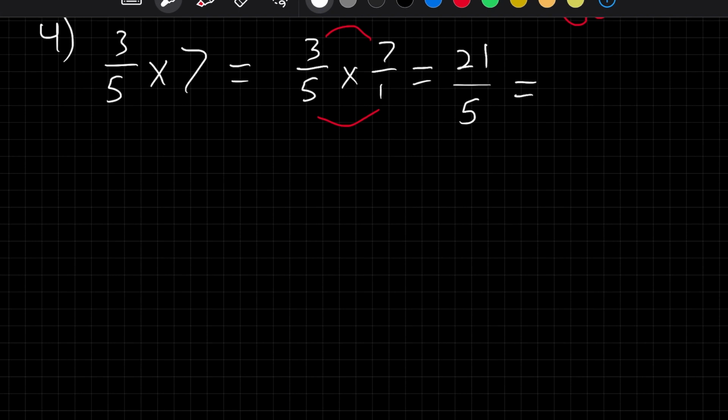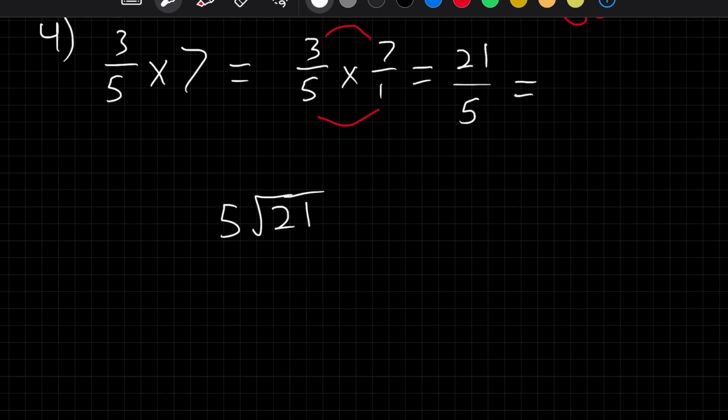Alright, so let's find out how to change this into a mixed fraction or a whole number. Alright, let's do 5 into 21. 5 will not go into 2. That's 0 times. But it will go into 21. It will go into it 4 times.